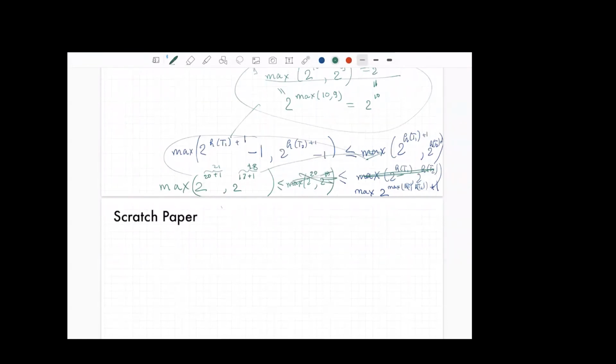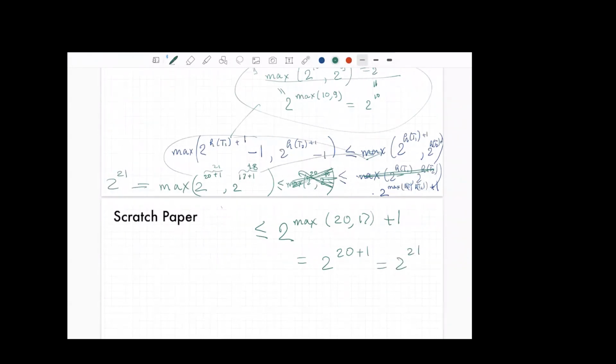What I'm writing here is that this is smaller than 2 to the max of 20 or 17 plus 1, which is the same as 2 to the 20 plus 1, which is 2 to the 21, which was the answer to begin with.